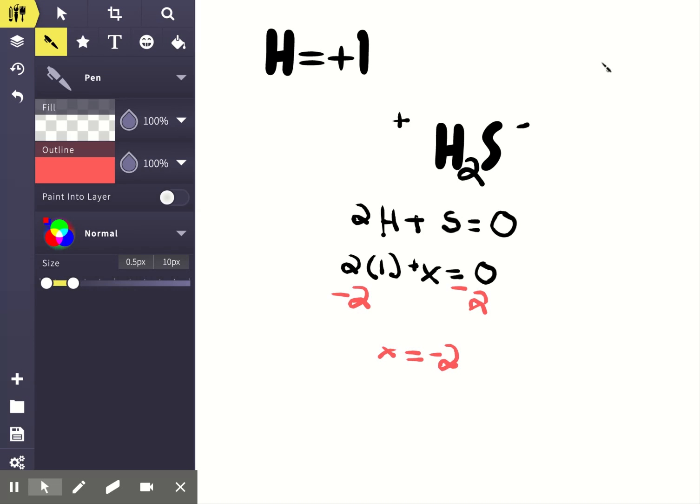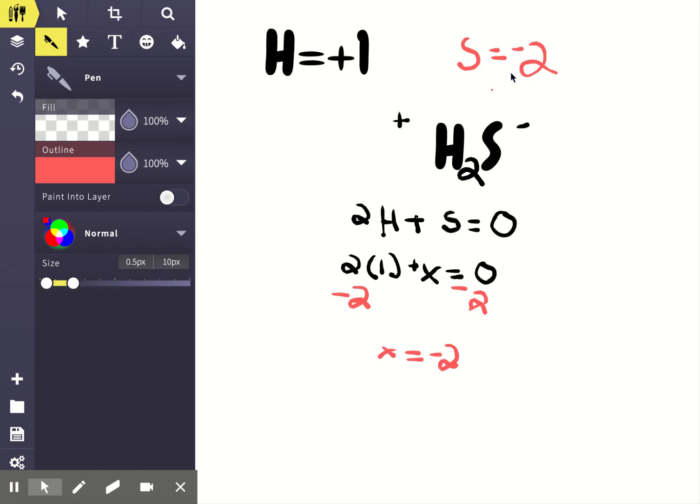So now we know our sulfur has an oxidation state of -2. It shows it has this natural charge according to the periodic table of -2.